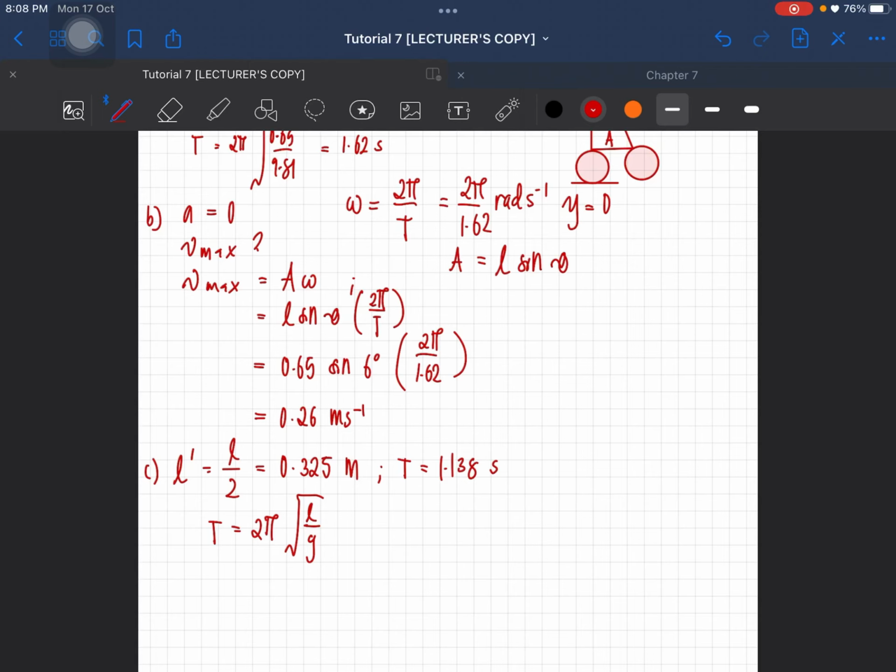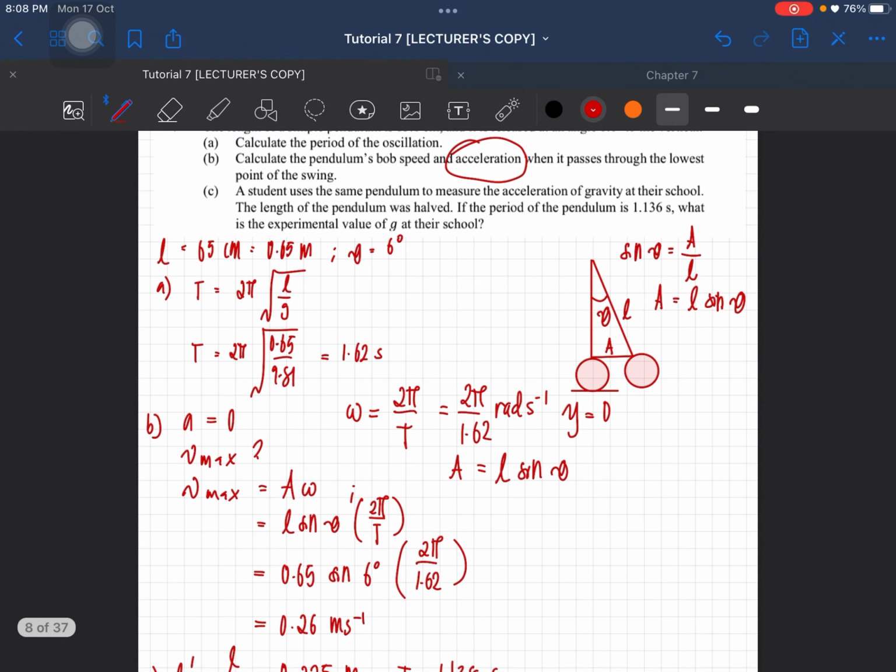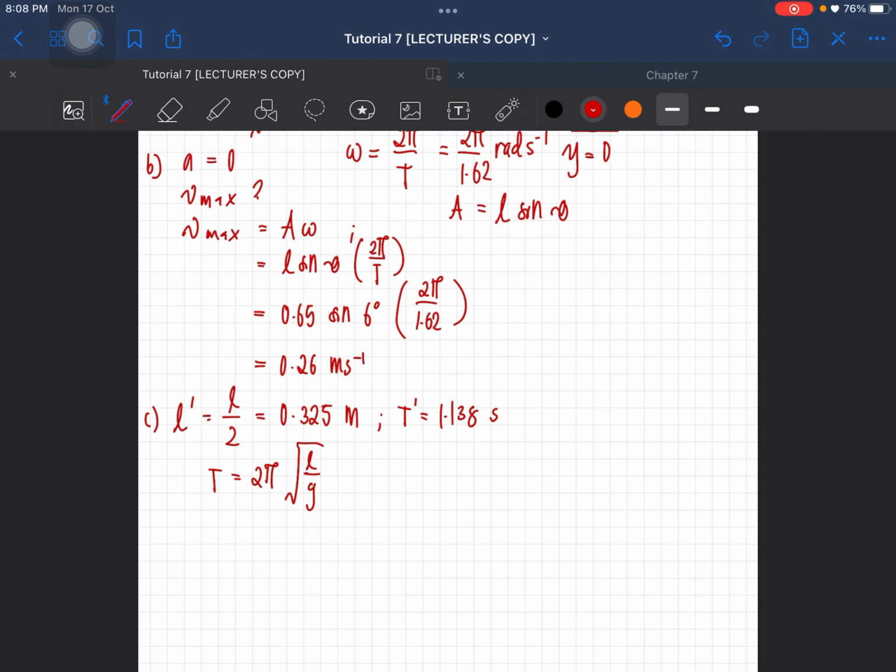For this one, T is given, so we just need to substitute.